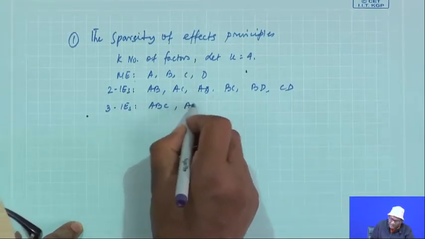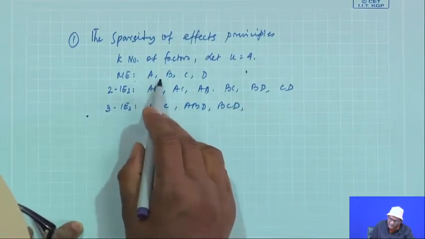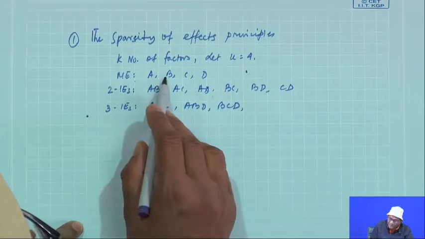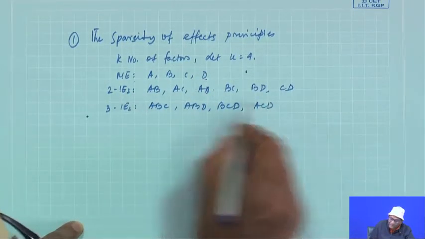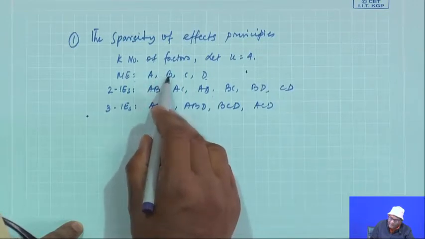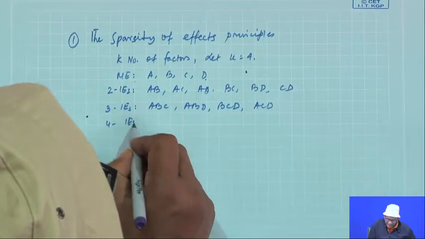ABC, ABD, ACD, BCD. How many four-way interaction effects?